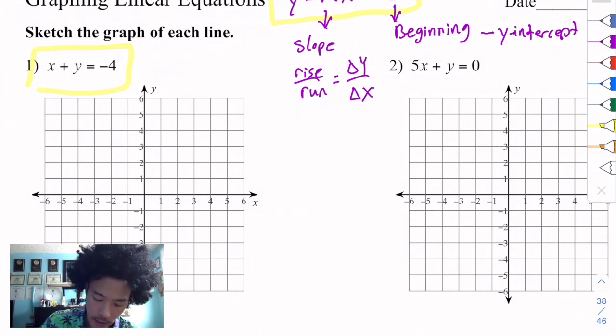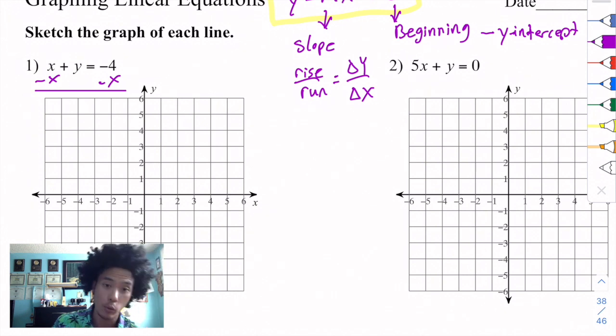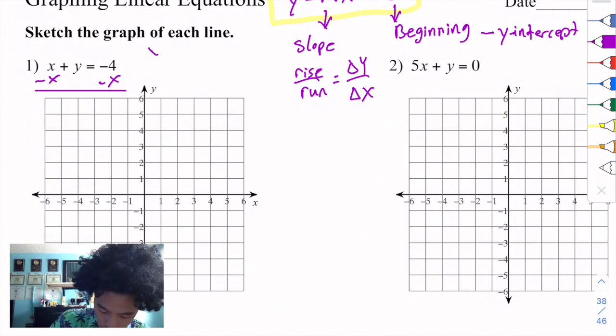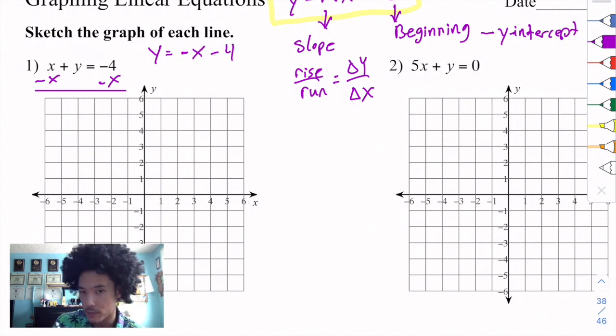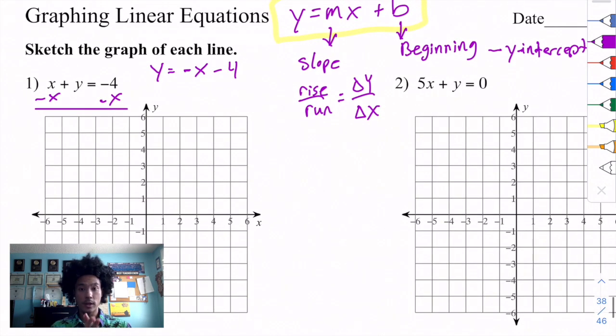How can I do that? Our goal is to get y all by itself. So I need to subtract x from both sides. Remember, whatever you do to one side, you do to the other. So now my new equation is y equals negative x minus 4. Do you see how we got that? We can't really do anything with the x and 4 because they're not like terms.